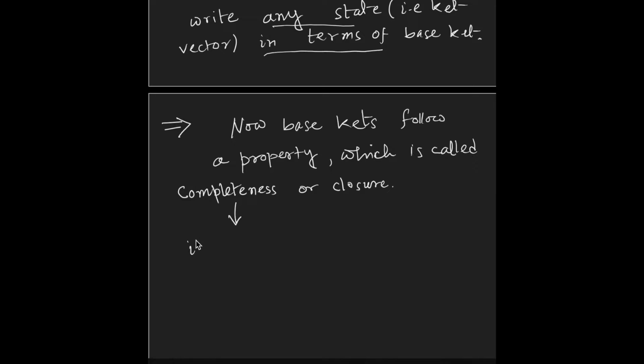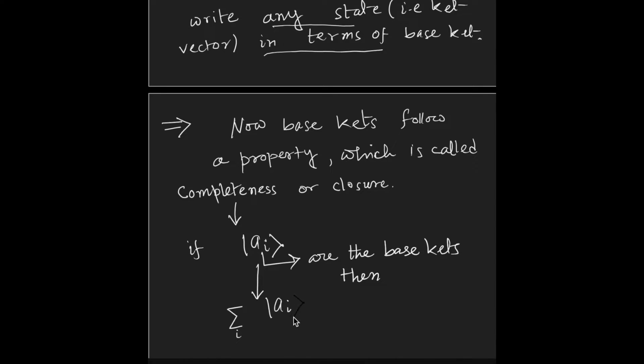That means if |a_i> are the base kets, then they will follow the relation summation over i of |a_i><a_i| equal to the identity operator.